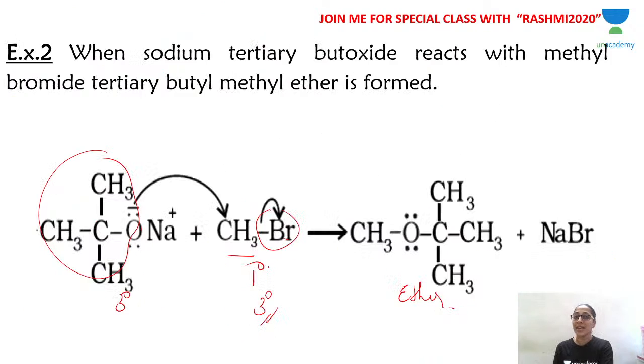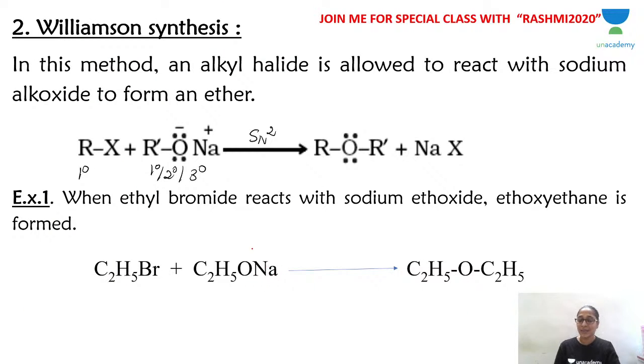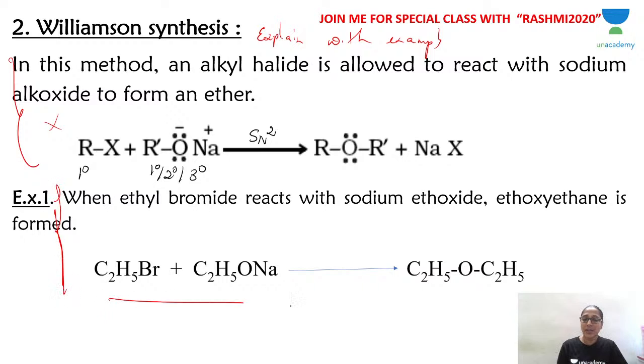If a question comes, explain Williamson's ether synthesis, just explain, then this is the answer you have to write. If it comes with an example, then you have to write the particular example with the names and product names.